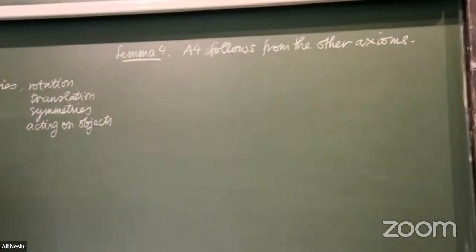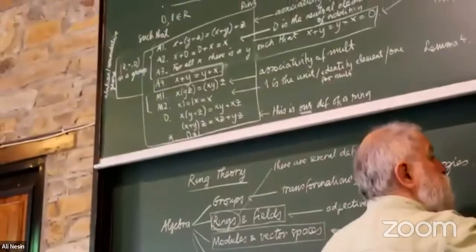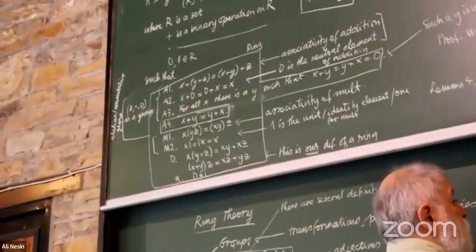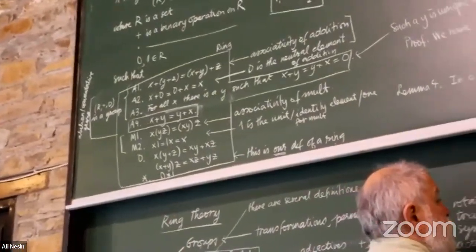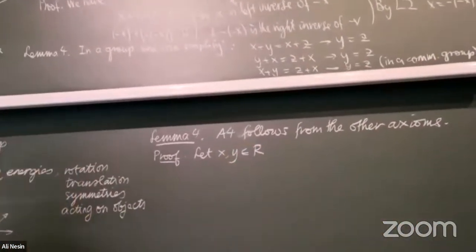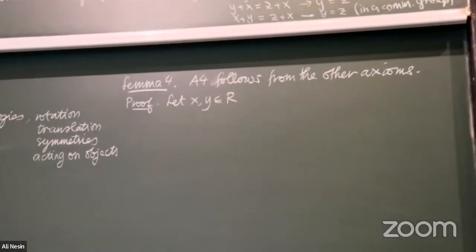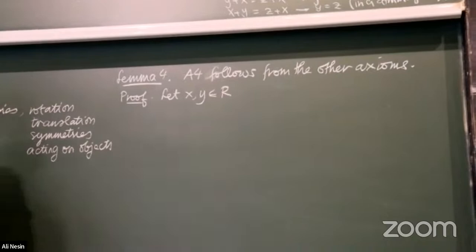Proof. Let x and y be in R, in a structure that satisfies all the axioms, except maybe A4.